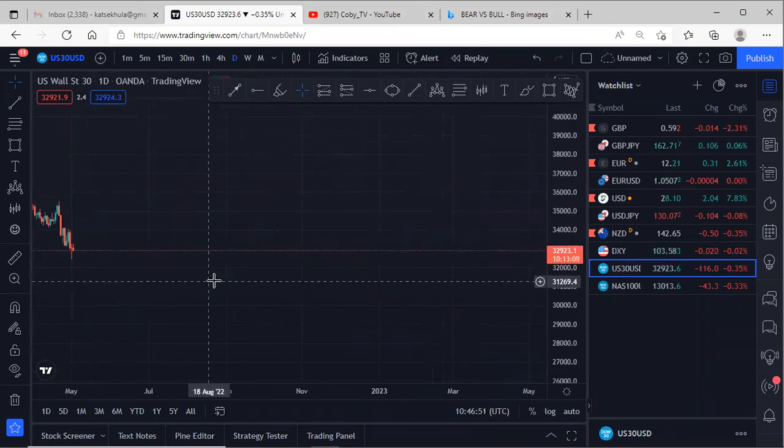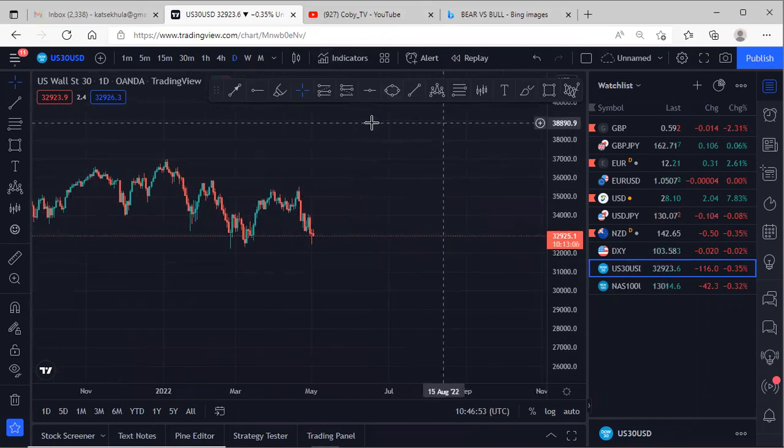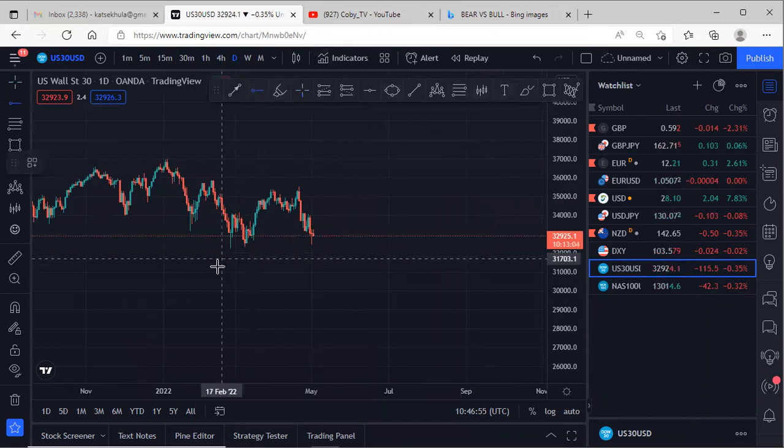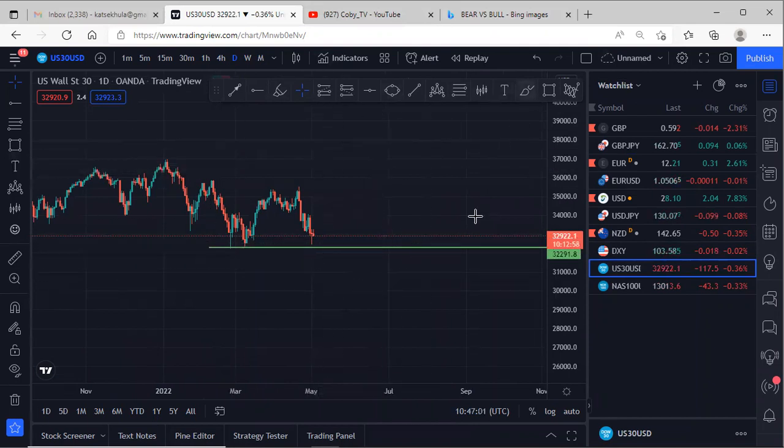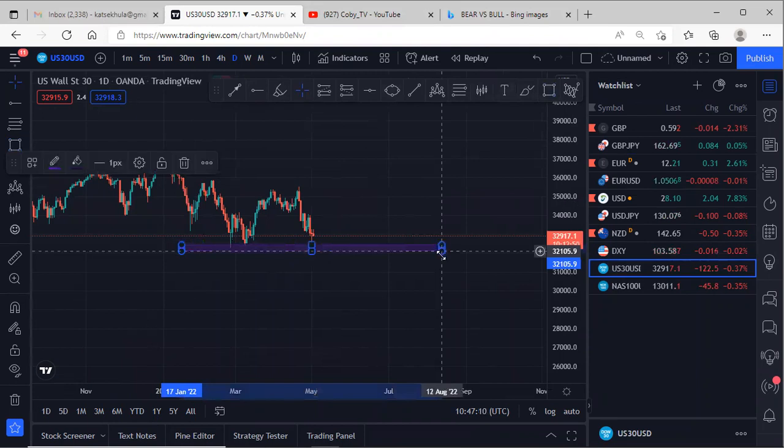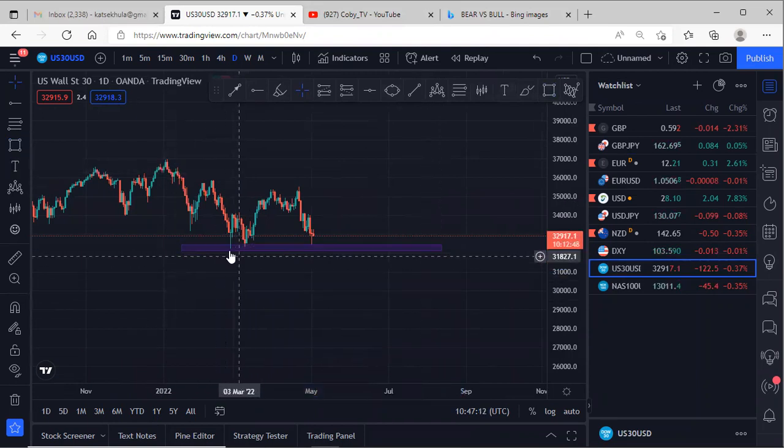Because that's where it is all at. So with that being said, guys, we start by marking our lows. These are our lows. We can either put it here or there, but let me just create a zone like this, because this is the type of bottom in a way. We have this first bottom, second bottom, and this is our third bottom.